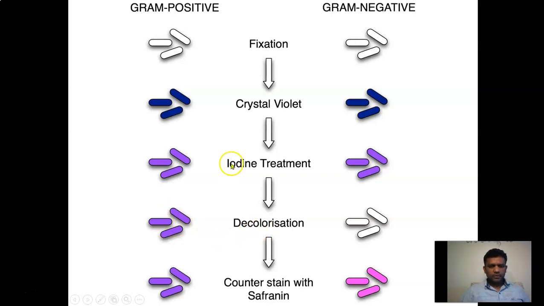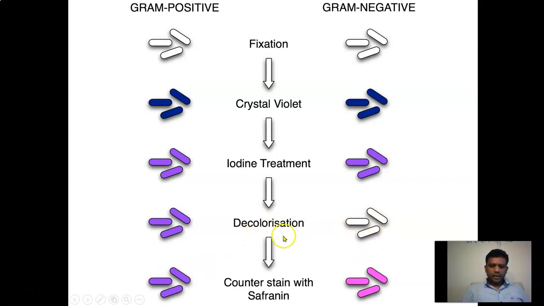The thick cell wall prevents the stain from getting washed away by the alcohol. On the other hand, in gram-negative bacteria, you have a thin cell wall layer and you have an outer membrane. The outer membrane gets dissolved by the alcohol, and the thin cell wall does not prevent the iodine crystal violet from going away. So at the end of decolorization, the gram-negative bacteria become colorless.